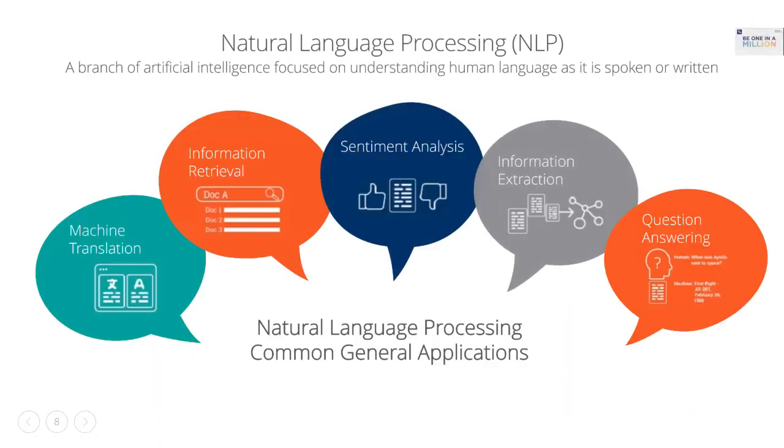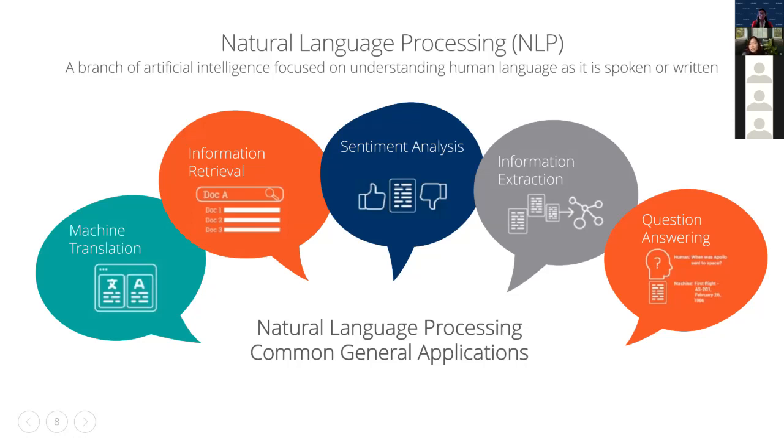Okay, so this is where natural language processing comes in, or NLP, which in this context does not stand for no light perception as it does in the ophthalmology field. So it's a branch of artificial intelligence, which is focused on understanding human language as it's spoken or written.